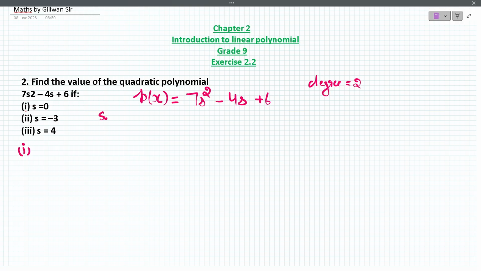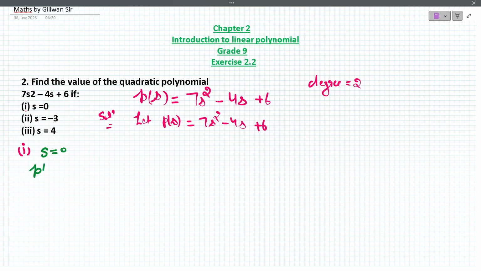Solution: let p(s), sorry, here in the place of x we have to write s because the variable is s, 7s square minus 4s plus 6. Okay, now the first part at s equals 0.